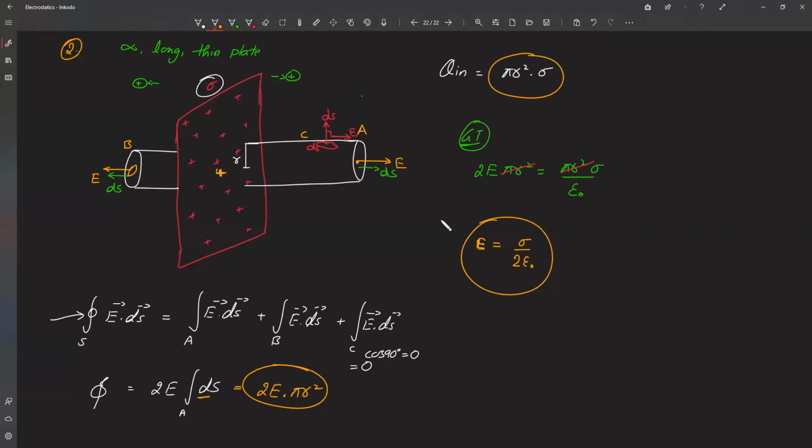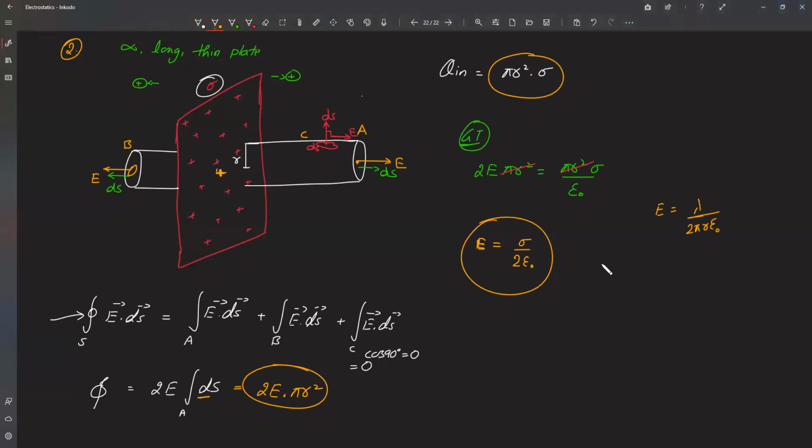And if you see the previous one, you had a similar expression for the long wire, that was E is equal to lambda divided by 2 pi r into epsilon naught.